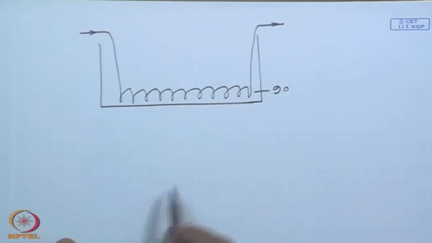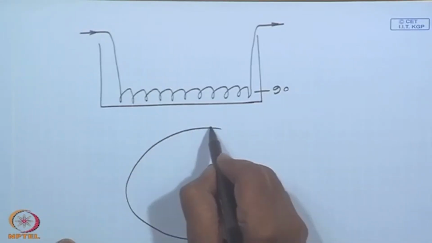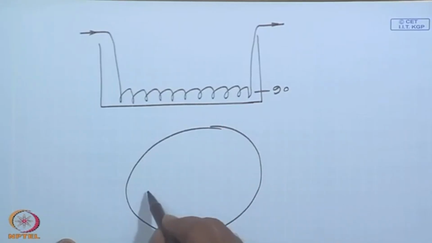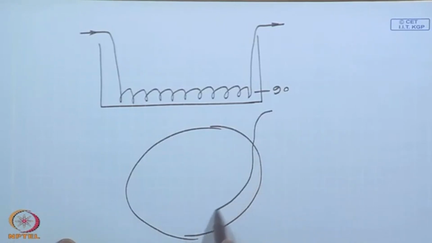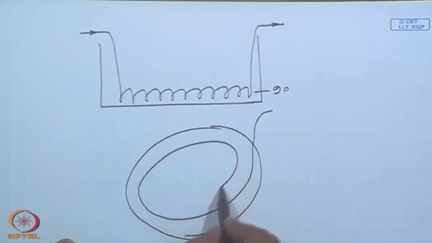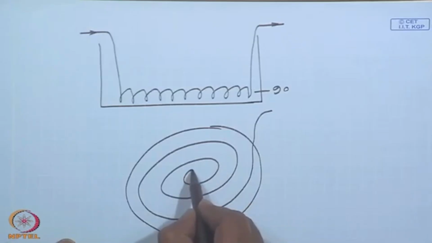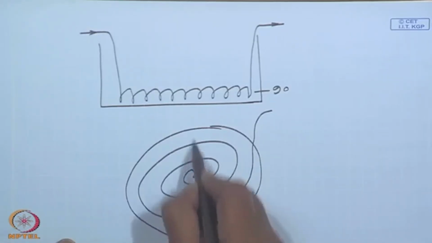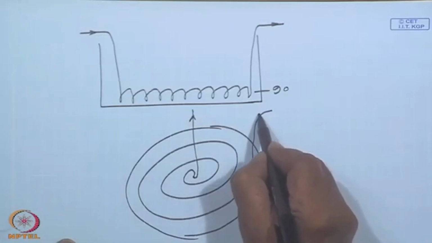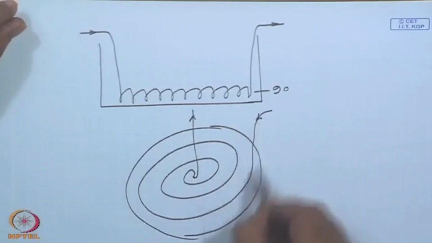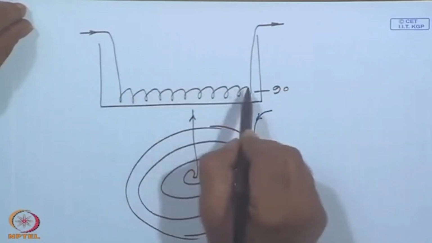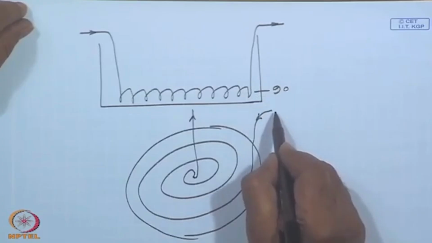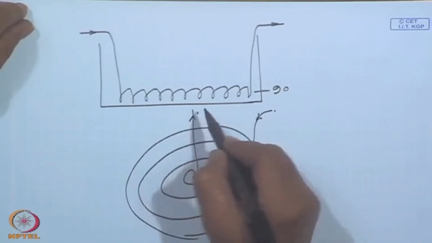Or if you look at from the top view, if I tentatively take it as a circular solar pond, we can have a spiral type of heat exchanger like a jalebi, and at the bottom or at different levels, and put in the cold water and the hot water comes out.